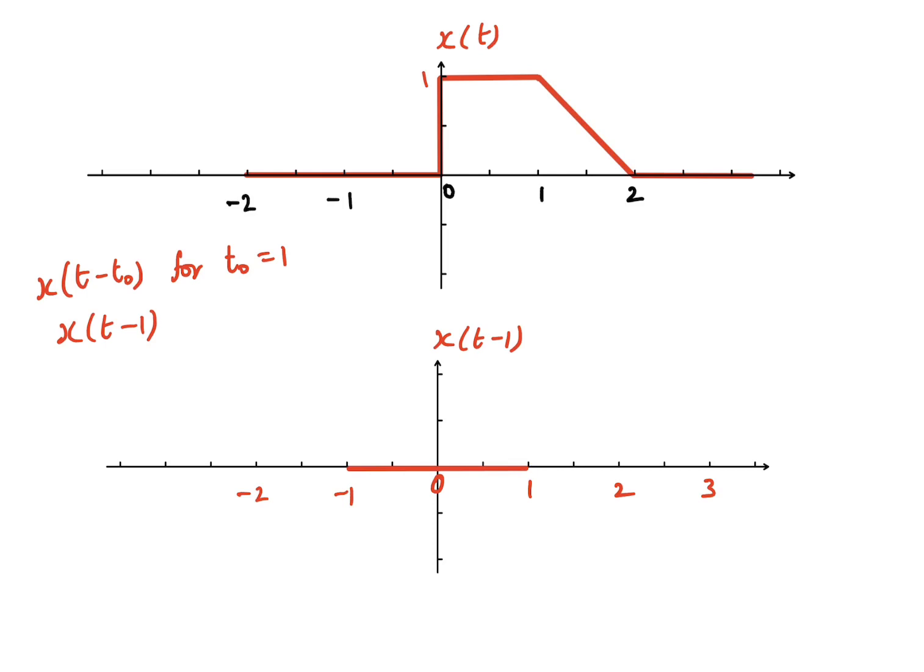In this case, the signal is going to start from somewhere here and be constant up to 1. It was originally constant with a value of 0 up to 0. Now that is getting shifted to the right by 1, and the vertical line which was at 0 has moved to the right by 1, so we get it at 1. Then in the original signal from 0 to 1 it was constant, and because this whole thing is shifted to the right by 1, that constant part will now be from 1 to 2.